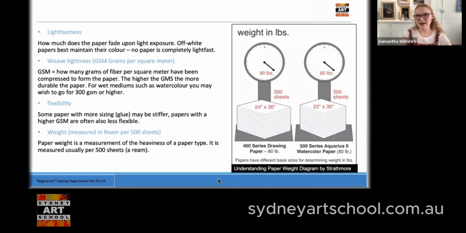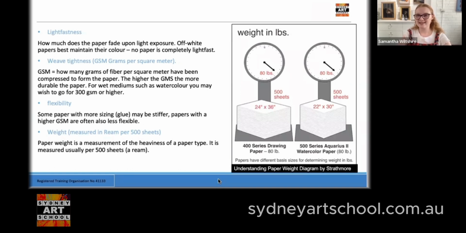Now we also can talk about flexibility. So some paper with more sizing, remember that's that gelatin glue we talked about earlier, may be stiffer. Papers with a higher GSM are also likely to be less flexible. And also kind of related to flexibility and that weave tightness and GSM is weight.